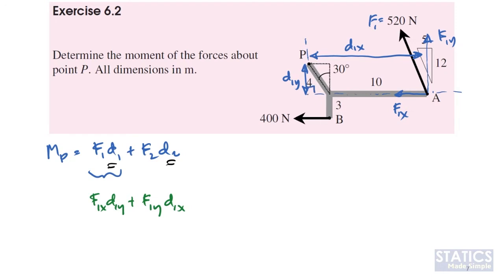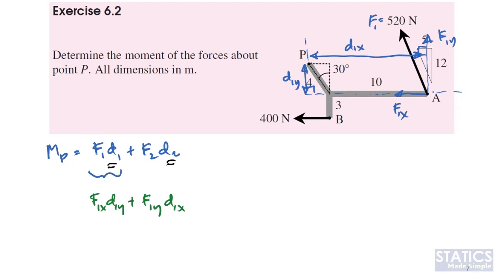So this guy here is 90 degrees, right? This distance represents the perpendicular distance from F1X towards point P. The same goes for D1X. If we have F1Y along this line, the perpendicular distance will be this distance, perpendicular to the line of force towards the point of moment, in this case, point P.